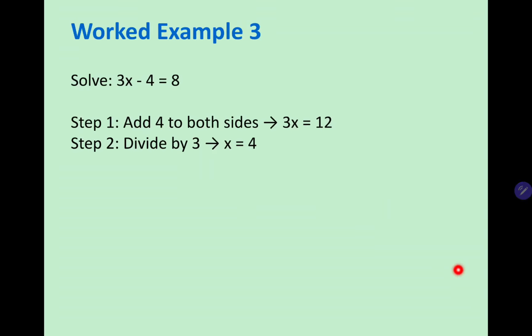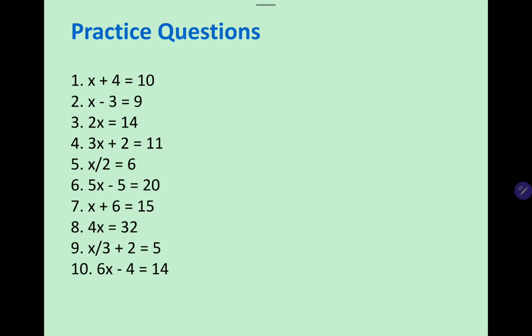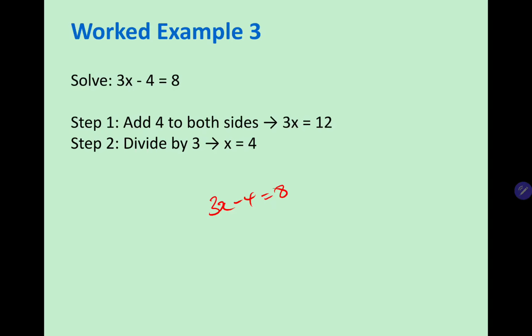We'll look at one more example. Solve 3x minus 4 is equal to 8. We follow the same pattern. It's just the same thing. 3x minus 4 is equal to 8. The first thing you do, make x the subject of the formula and you take your matching terms.